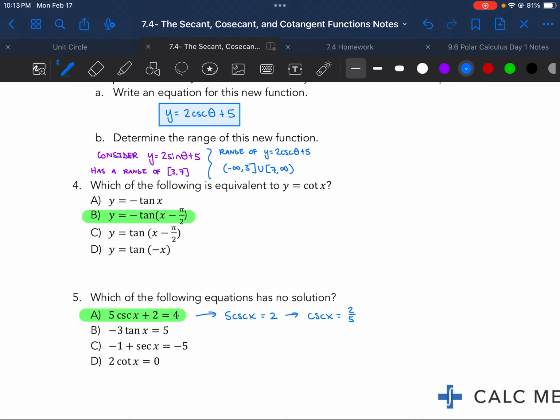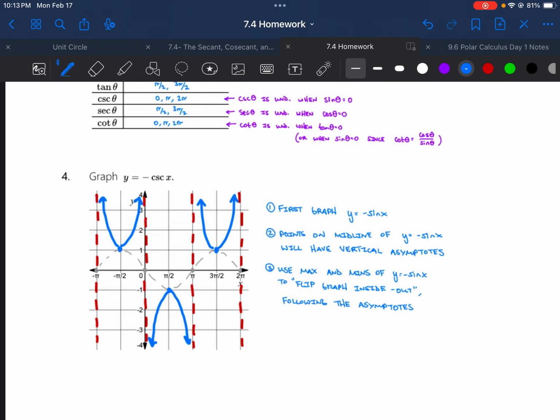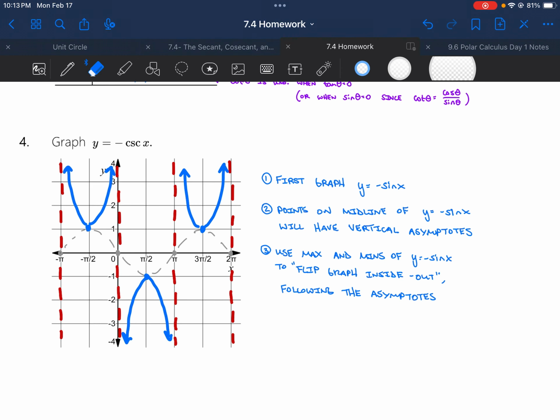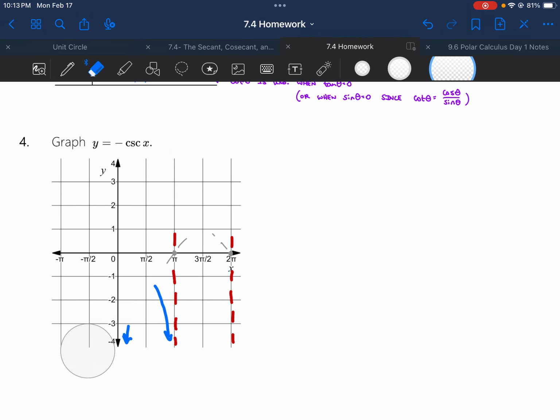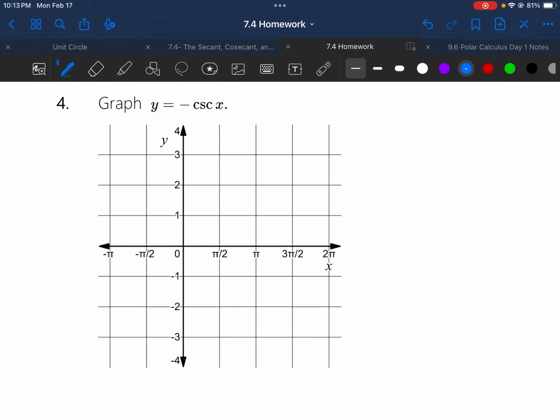Last thing I want to do, let's just do one quick homework problem. I'll do graph example 4 here. All right. So it says graph y equals negative cosecant of x. So by hand, I want to show you how we can sketch these things.